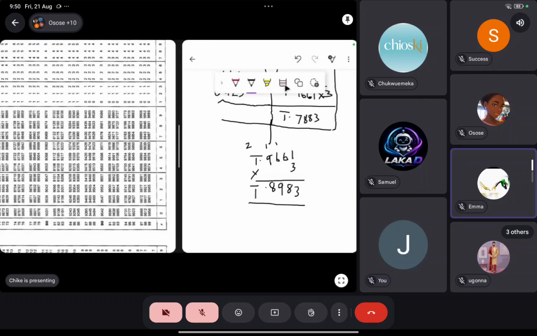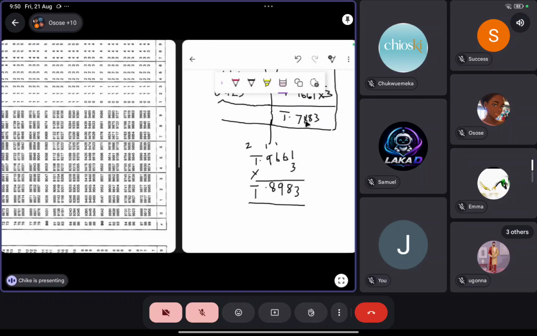So that means here is not correct. Here is 8983. So let's correct that. Not even 79, it's 8983. Okay. So let's go on.